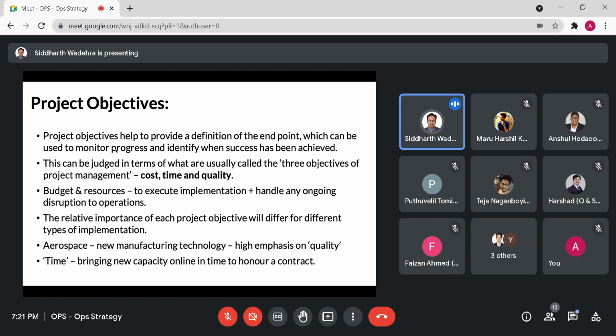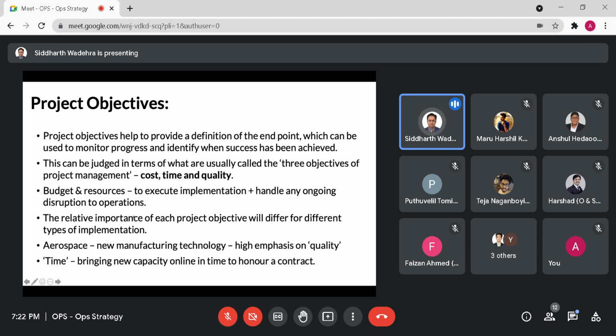And there is the element where you have to make some kind of strategic trade-off, something which we touched on earlier as well. Organizations have budgets and resources to execute the implementation, plus to handle any ongoing disruption to operations. So this comes into the cost bit of the project.